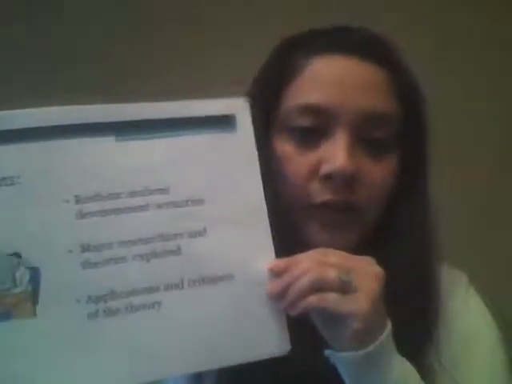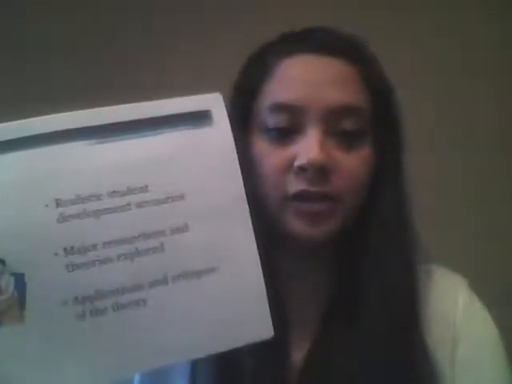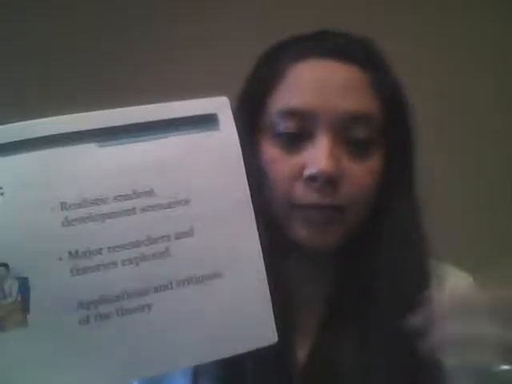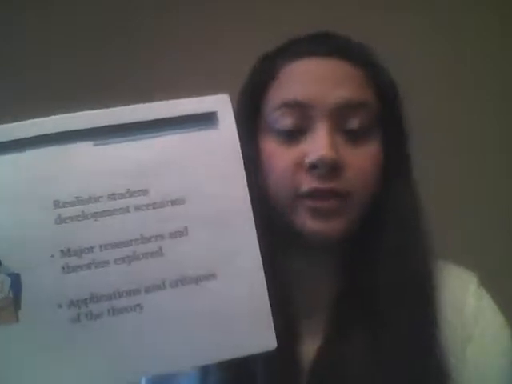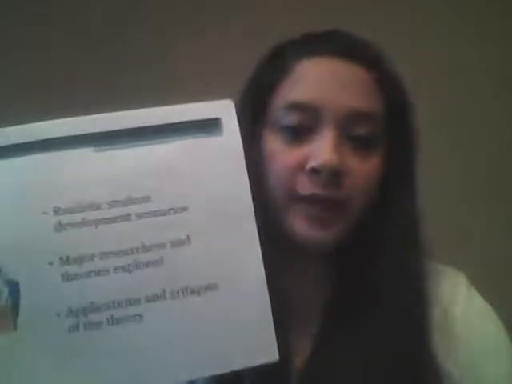If you go to the next slide, these are the highlights of this book, which I think made it a really good resource. It was realistic to student development scenarios. Each chapter actually started with a scenario that a student could go into and discuss. There's major research and theories explored, so this gave you, again, your baseline, your foundation of what you could be discussing.